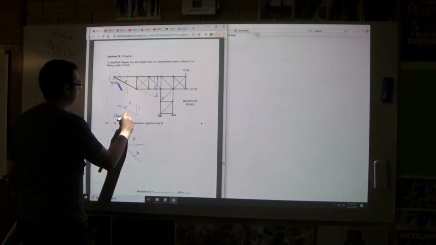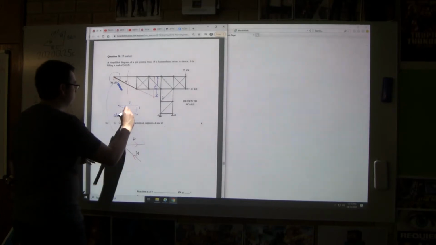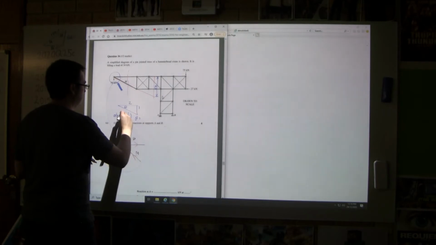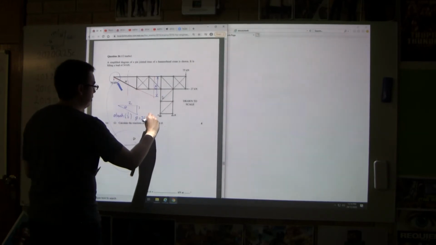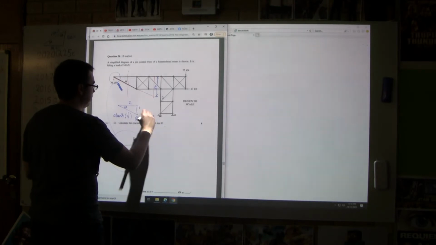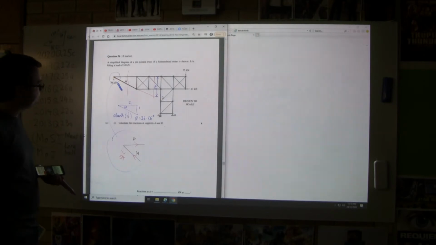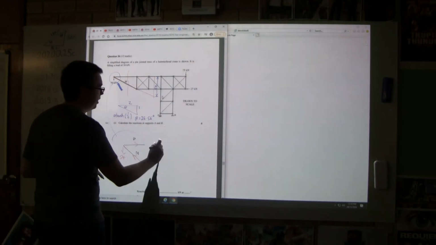Arctan equals opposite over adjacent, 1 over 2. So if I type in tan, it's 26.56 degrees. I don't use minutes, so I just use decimal angles.